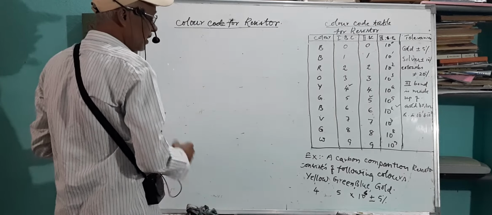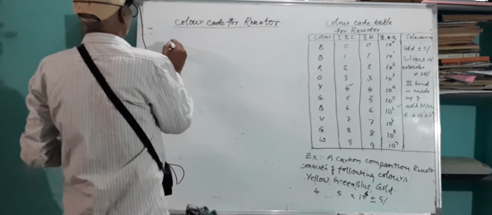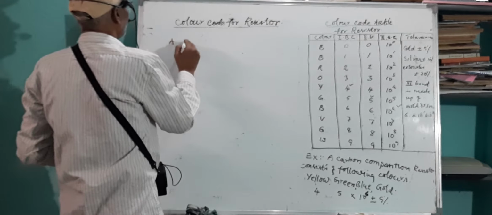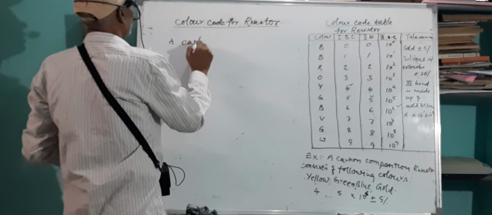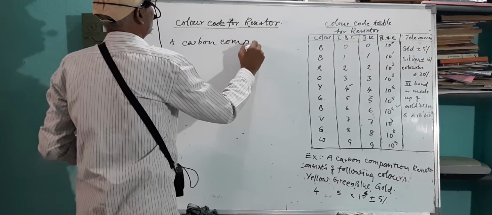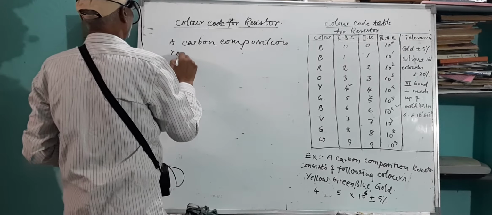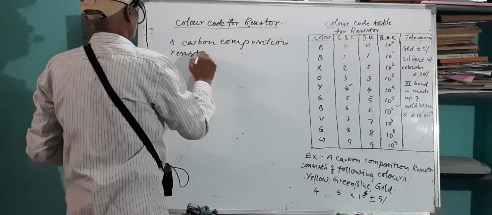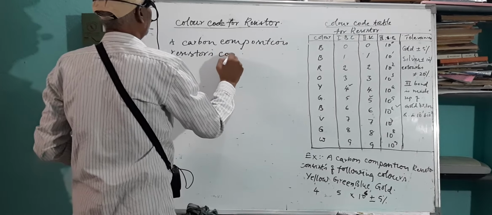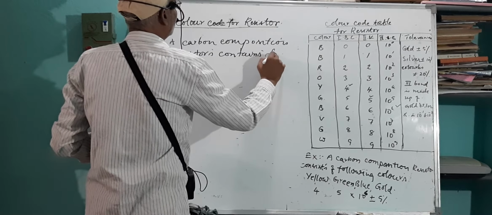In order to find the resistance value, I will give one more example. Say a carbon composition resistor contains the following colors.